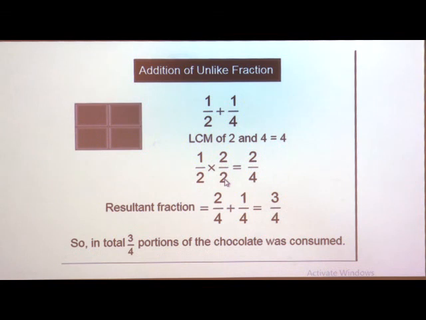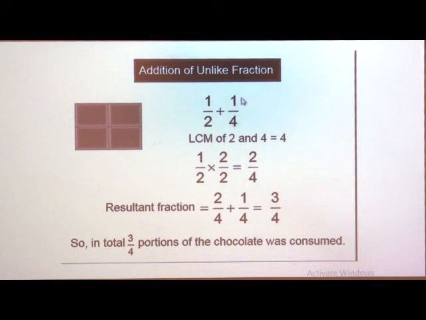You know, when you multiply the denominator, you have to multiply the same number in the numerator. So 2 times 2 is 4, and 2 times 1 is 2. The same number we are multiplying. So the fraction we got here is 2 upon 4.